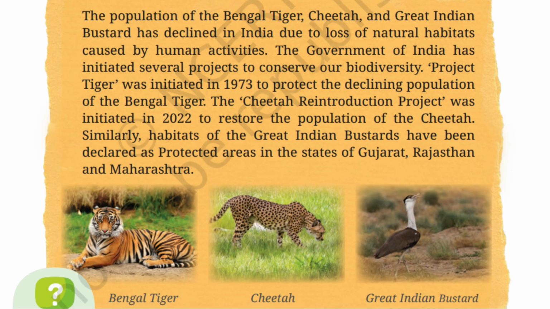Project Tiger was initiated in 1973 to protect the declining population of the Bengal tiger. The cheetah reintroduction project was initiated in 2022 to restore the population of the cheetah. Similarly, habitats of the great Indian bustard have been declared as protected areas in the states of Gujarat, Rajasthan, and other states.